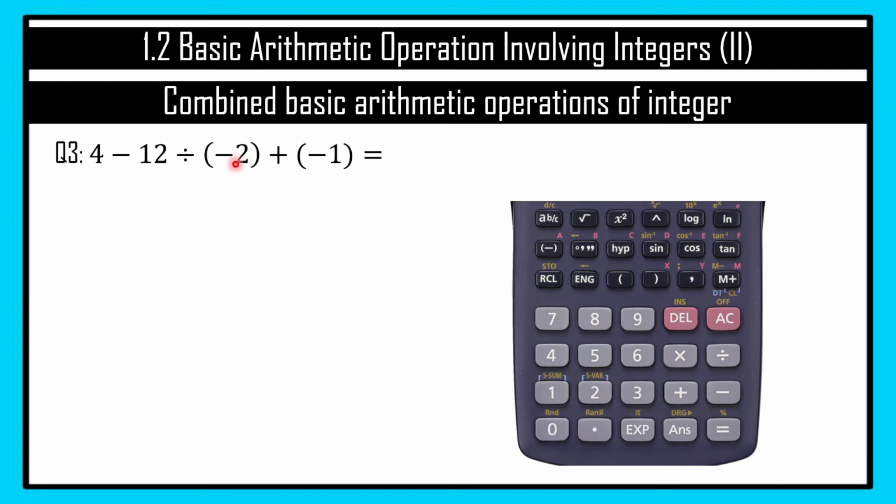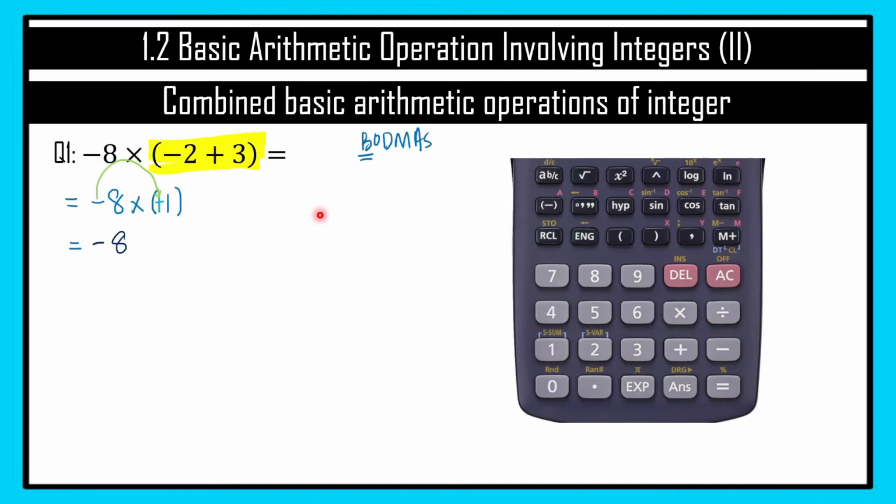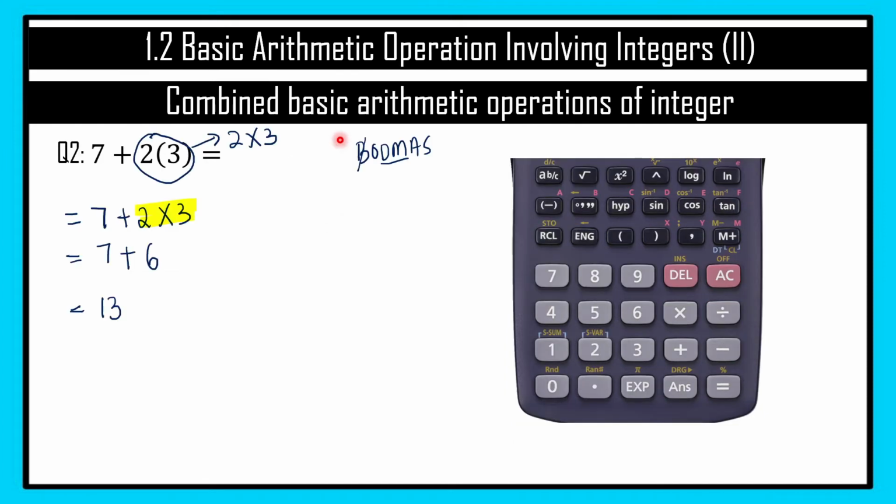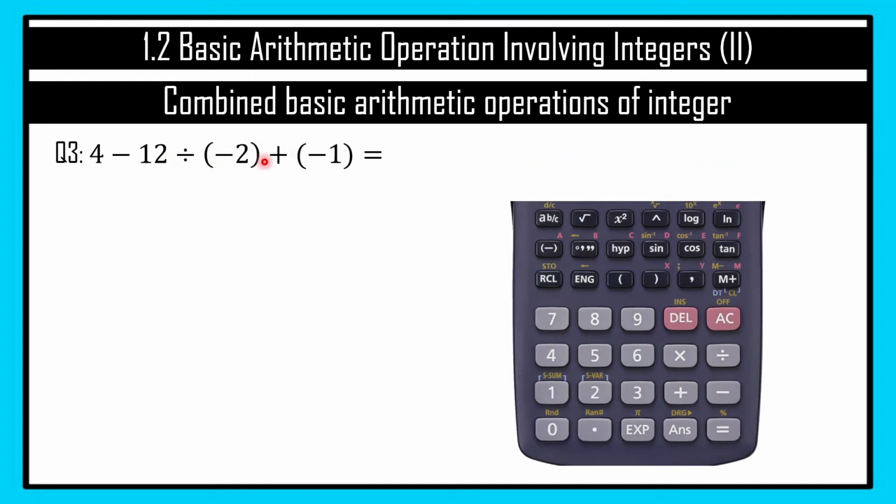So this bracket has a different meaning than the one we saw in question 1, which is this one: negative 2 plus 3. There is a plus here. When you do more exercises, you will understand that 2 bracket 3 is 2 multiply 3, and this bracket is just a bracket to indicate it is a negative number.